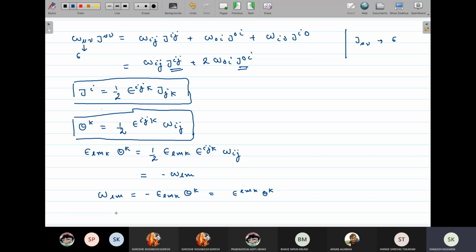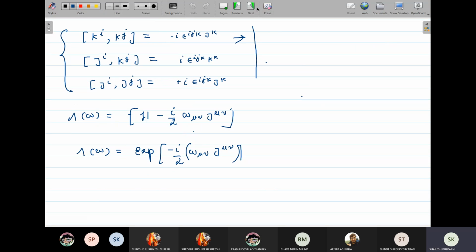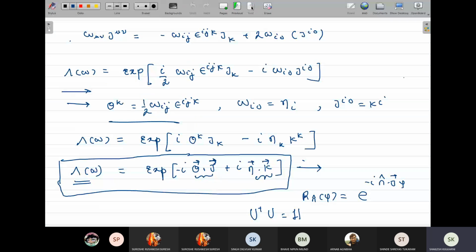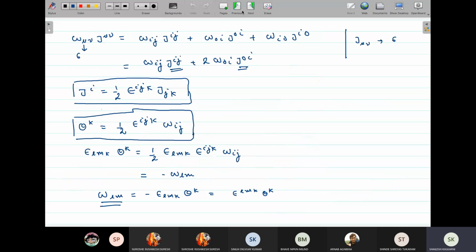Now you can use this omega_lm here. Maybe in the last lecture I also defined another object: J_i as half epsilon_ijk J_jk and J_i0 as K_i.